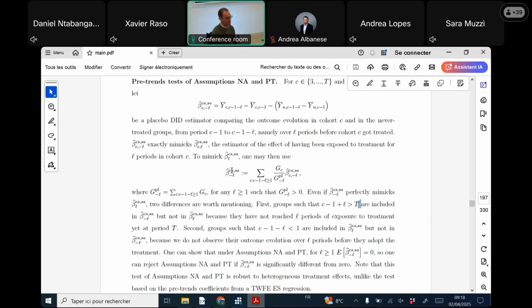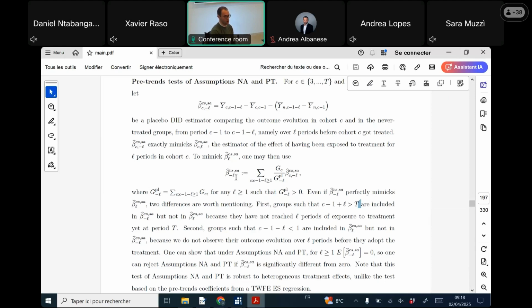And conversely, groups that adopt the treatment before period L plus 2 might be included in the actual event study estimator, but you can't include them in the placebo estimator. But up to those small differences, this is really an estimator that's mimicking as much as possible the actual event study estimator.